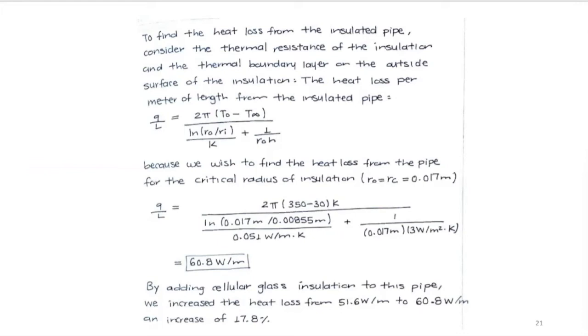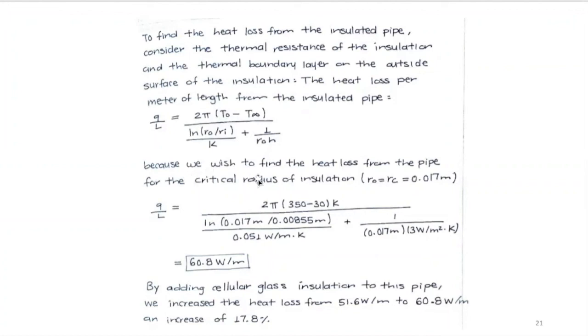So again, we will be using the formula that we established in our previous slide, slide 16. To find the heat loss from the insulated pipe, we are going to consider the resistance of the insulation and the thermal boundary layer outside the insulation, the convective resistance. Then the heat loss per meter length of insulated pipe is going to be delta T over the sum of the resistances: one because of the insulation, the next one because of the formation of the thermal boundary layer due to convection.